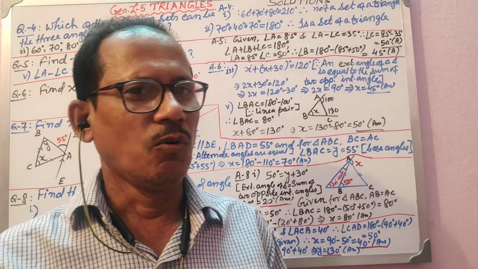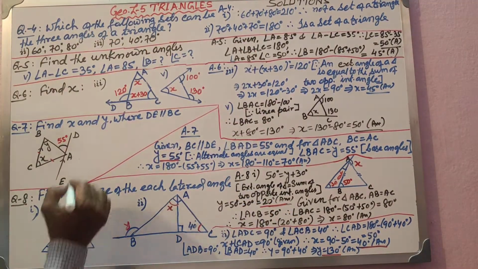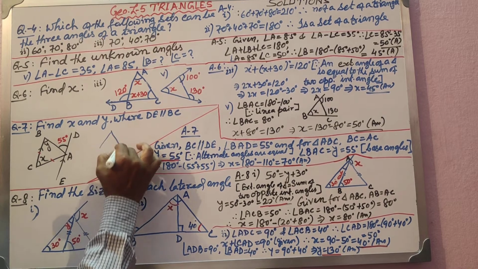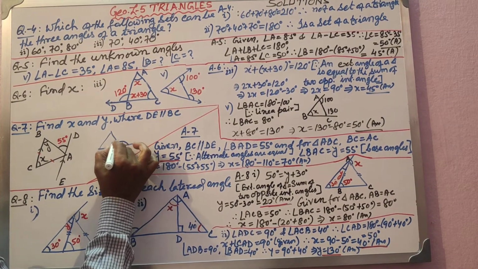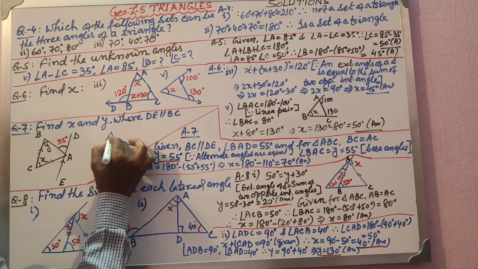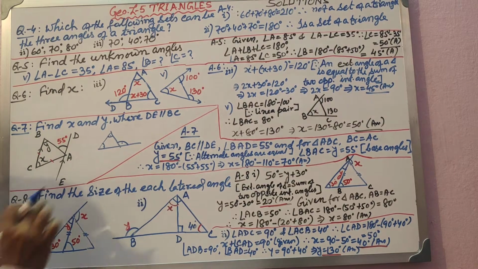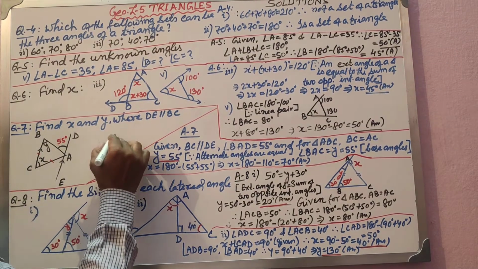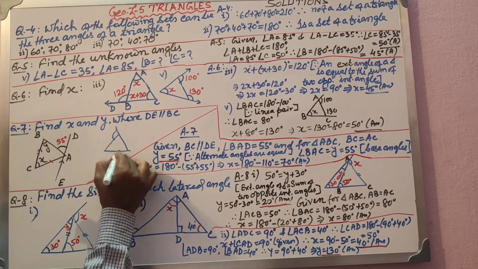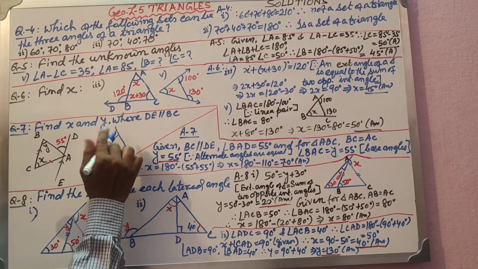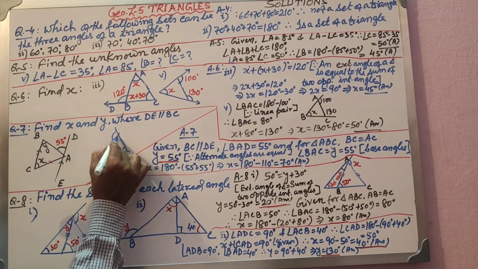See one property: the exterior angle of a triangle, any time, any angle, any side is extended. This is the exterior angle. So this angle measurement will be equal to the sum of these two. Similarly, if you extend the other side also, this exterior angle will be equal to these two.